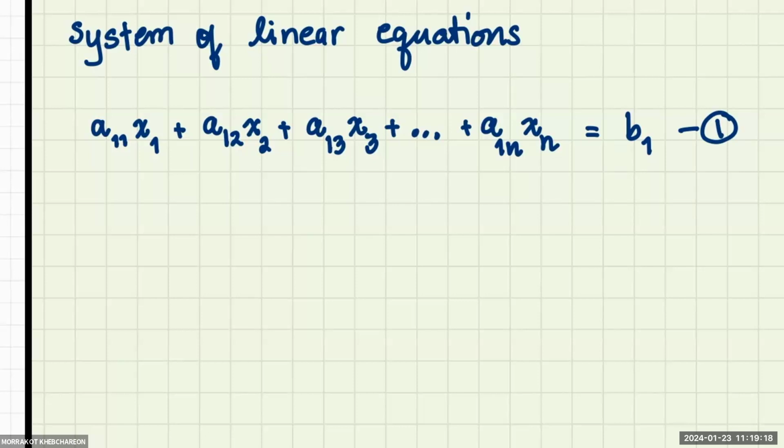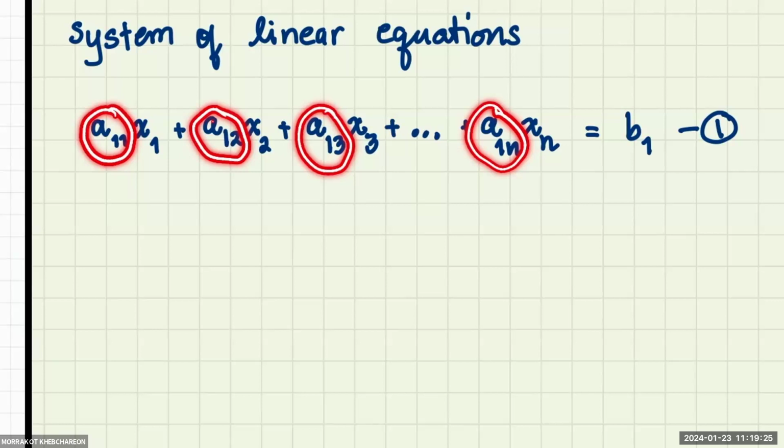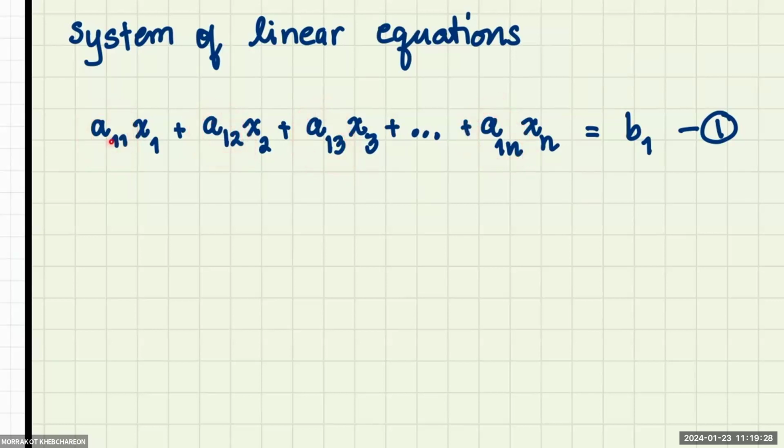All those A here, A11 is a number, A12 is a number, and so on. The first number here, number 1, represents the first equation: the coefficients of the first unknown, x1, the second unknown, x2, the third unknown, x3, and the last unknown, xn.